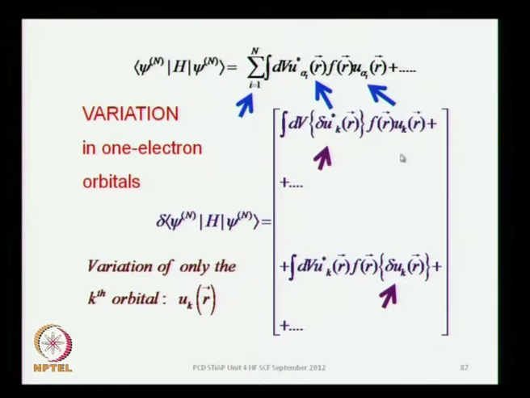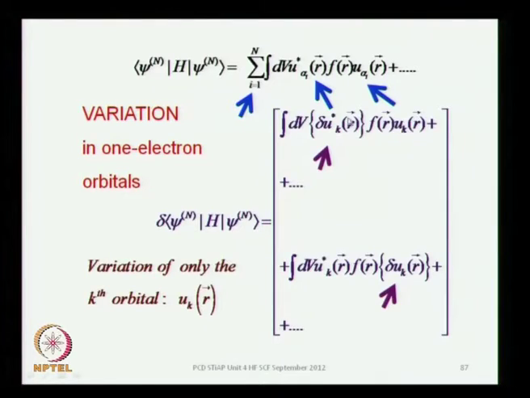Whenever this alpha I does not correspond to the kth orbital, that variation would vanish and the whole integral would vanish. The only term that will show up in your analysis is the one corresponding to the kth orbital. So, from the variation in this you will get delta u k star r, and then you have the rest of the term from the first orbital. Then these dots represent all the other terms which include the 2 electron integrals.